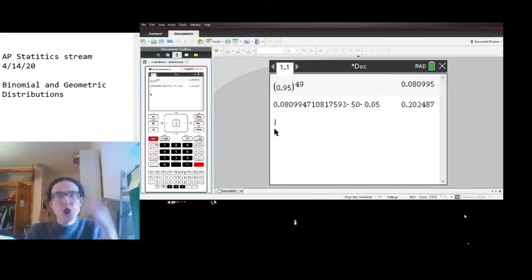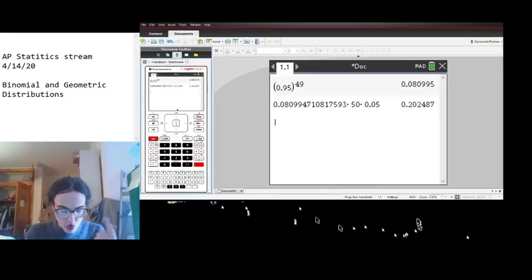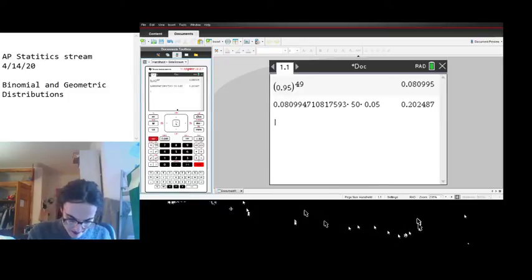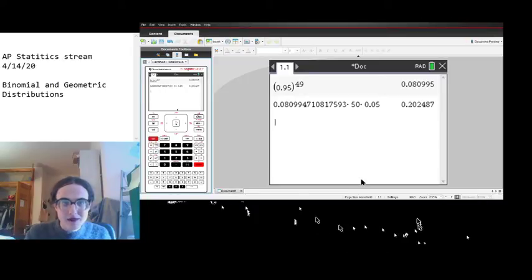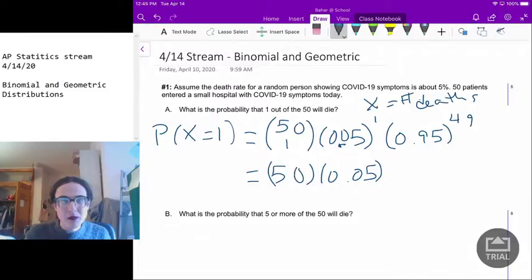So we have roughly about a 20.2% chance of having one person out of these 50 die. Okay, which is not great. Maybe it's a good thing that this is less than, right, approximately 20.2%.